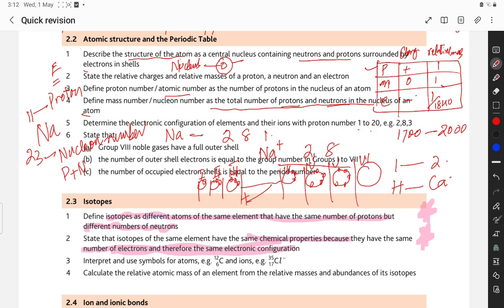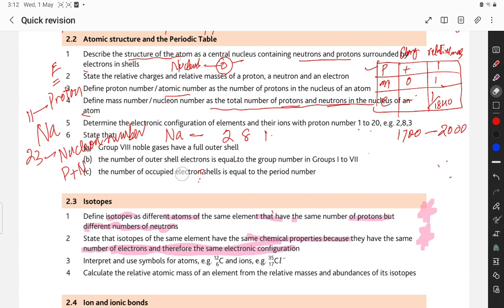So the group number determines the valence shell electrons. Groups 1 and 2 are metals, group 3 onwards are non-metals, and these in the middle are transition metals.